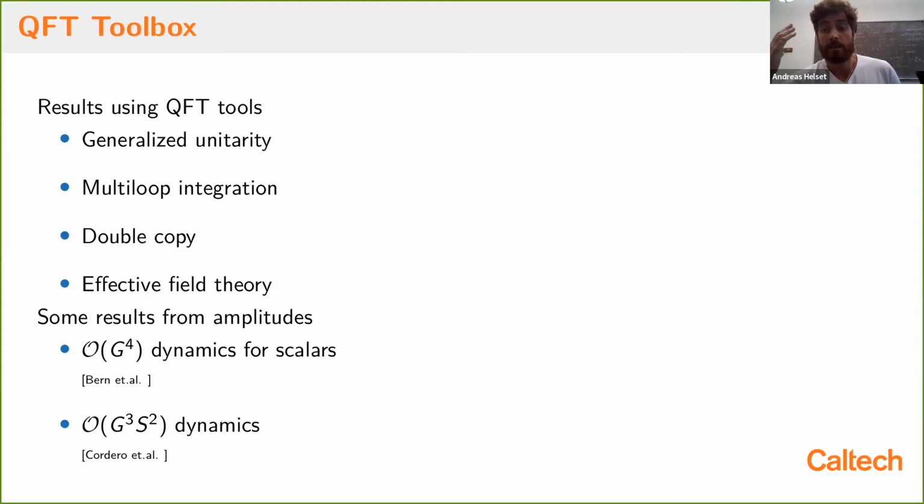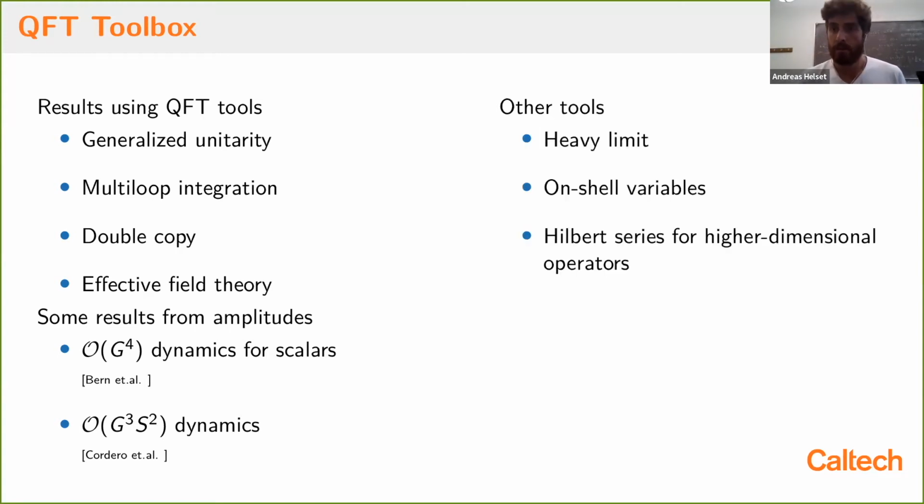But despite this success, you might ask, are there even more things we can do? Are there other tools from quantum field theory that we can apply to this problem? And yes, there are. For one thing, there's the obvious statement that the black holes are much heavier than the interaction scales in the problem.